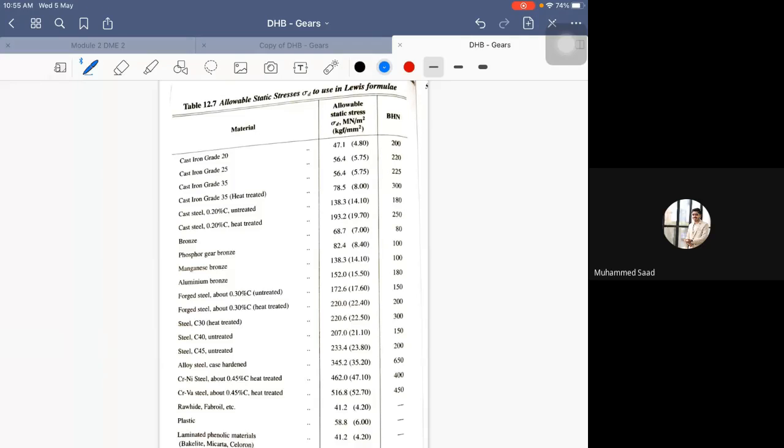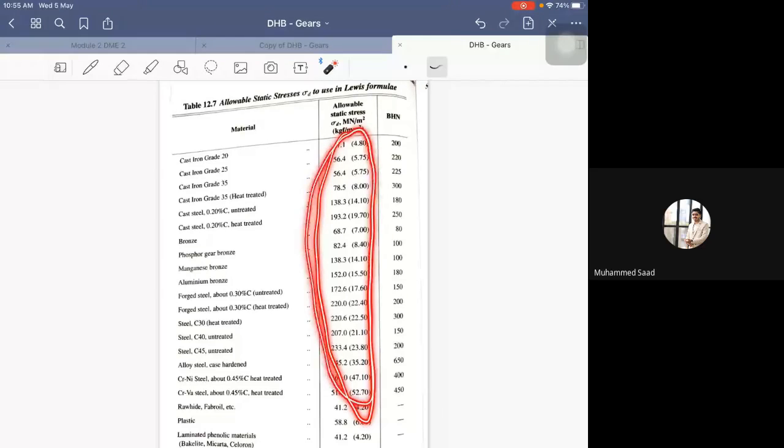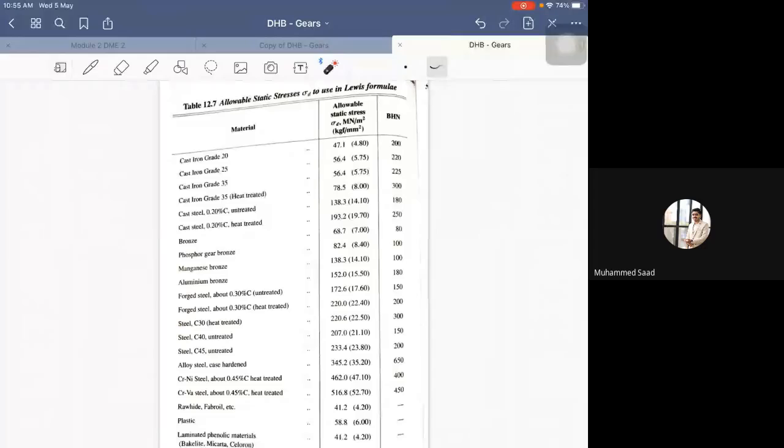Okay. So we come to this particular table number, which is 12.7, where he has given the allowable stress values for us. Now, we will decide whether we are designing all these things based on the gear or based on the pinion.